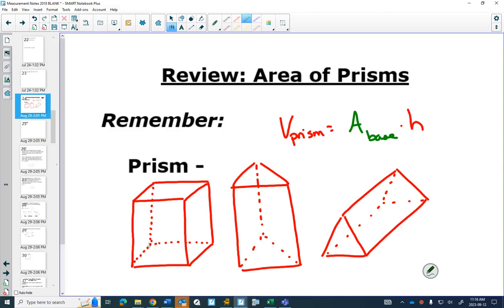In this case, there's the base. In this case, there's the base. And on this one that's fallen over, that would still be the base. The shape that keeps the same shape all the way up is your base.